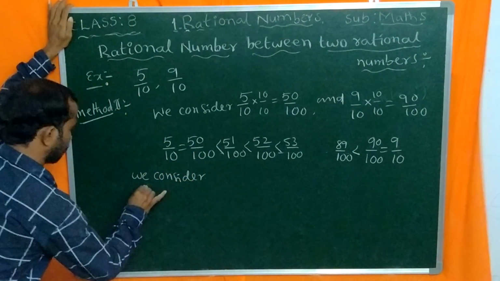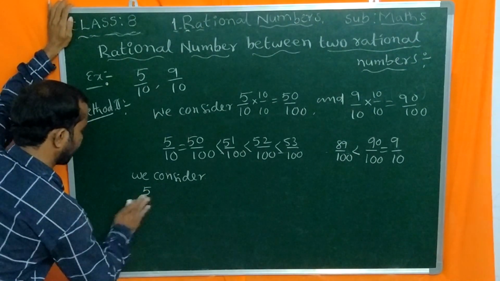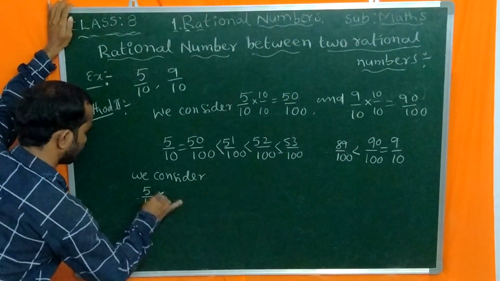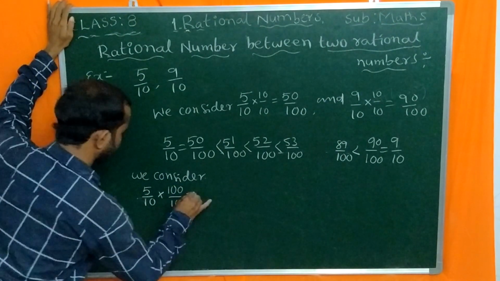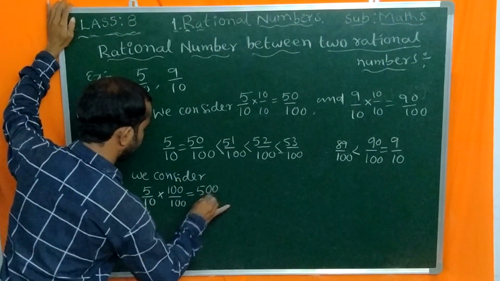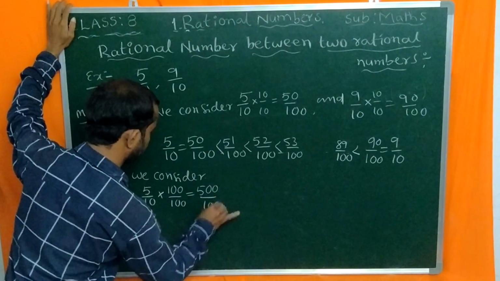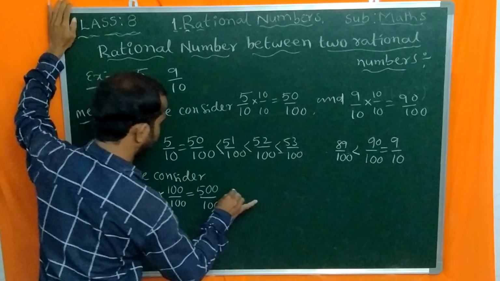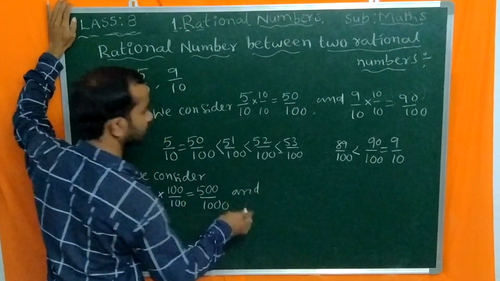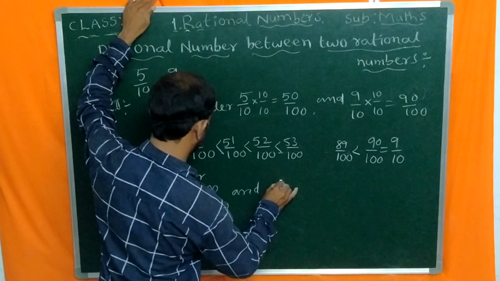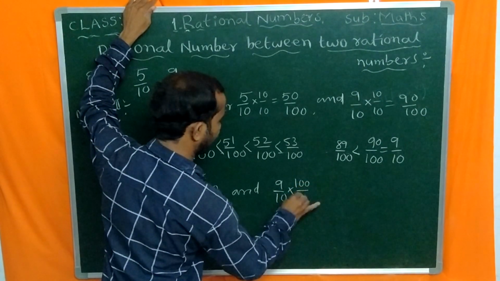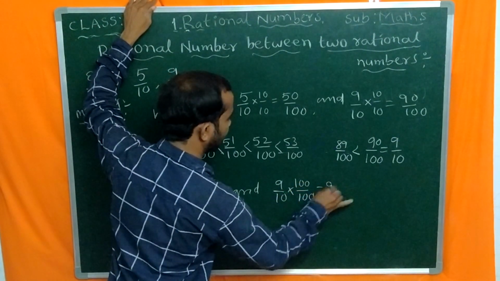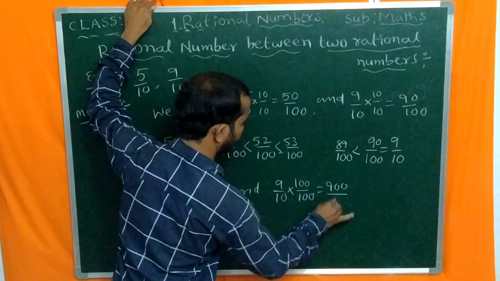5/10 is written as 500/1000, and 9/10 is written as 900/1000.